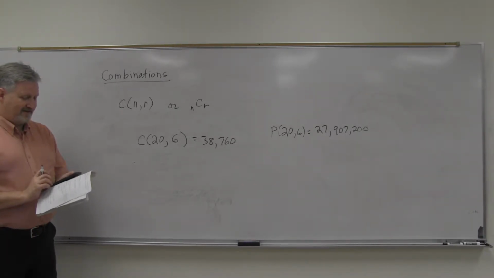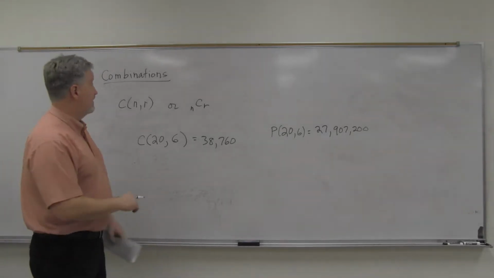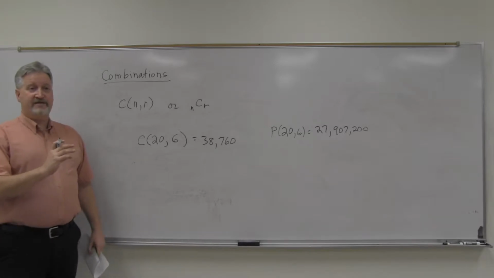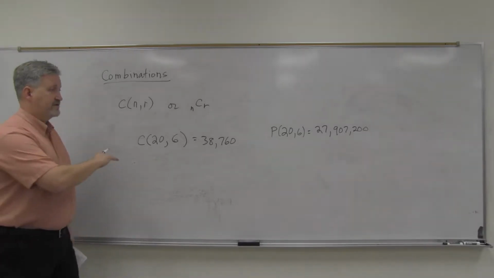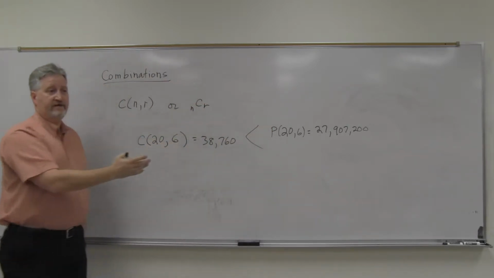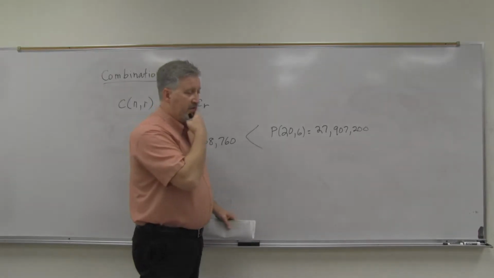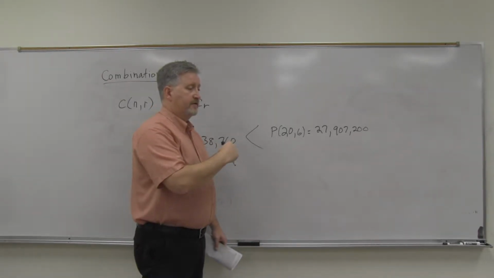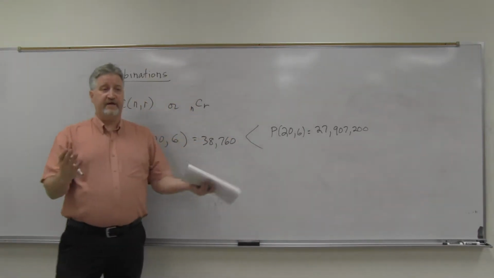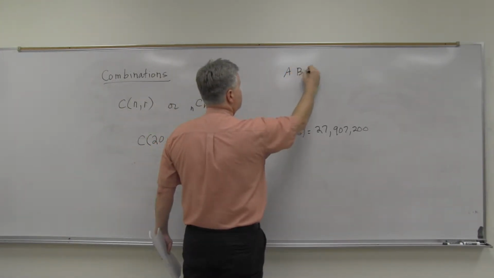Comparatively, what do you see? Way less. So here's the reason for that. The number of combinations is always a lot smaller than the number of permutations. Here's why. Permutations are like when first, second, and third place occur. So you've got A, B, C, for example.